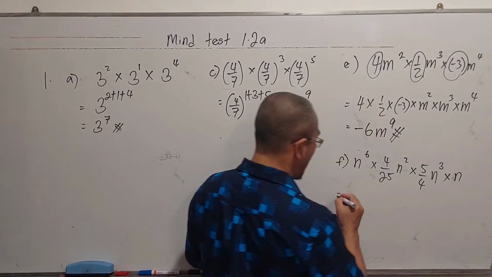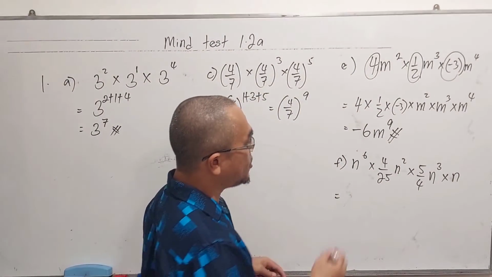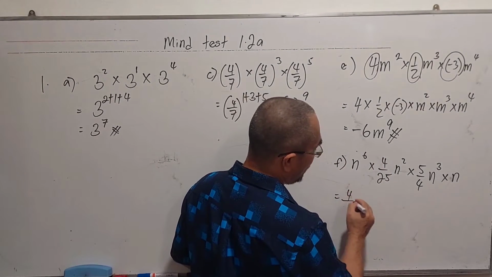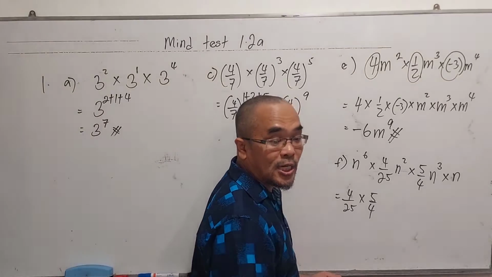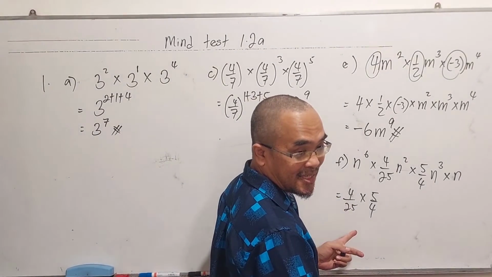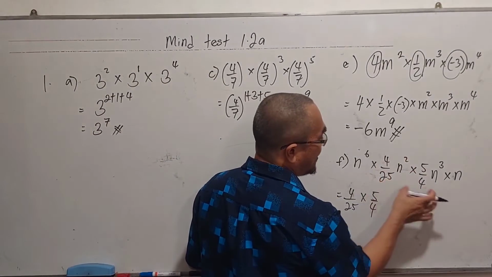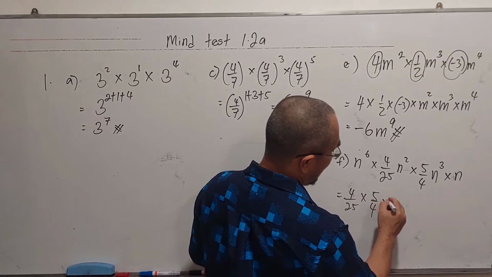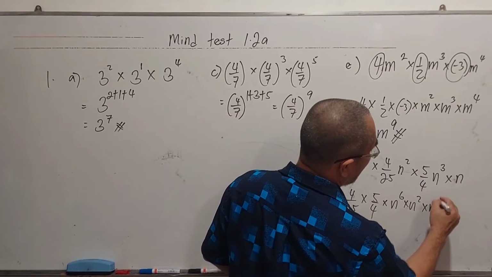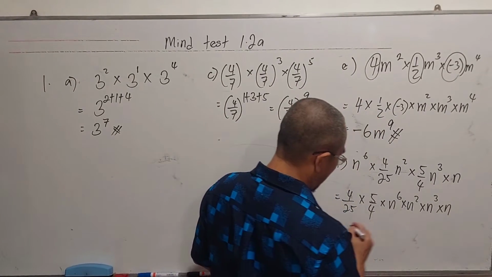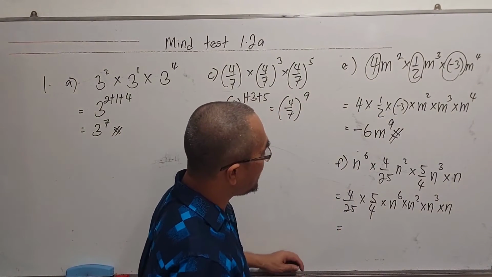Okay, help me this time. First, group all the numbers: 4 over 25 times 5 over 4. Actually, you do not have to write this, you can just calculate the value. Then times n power 6 times n power 2 times n power 3 times n. So what is the answer for this one?